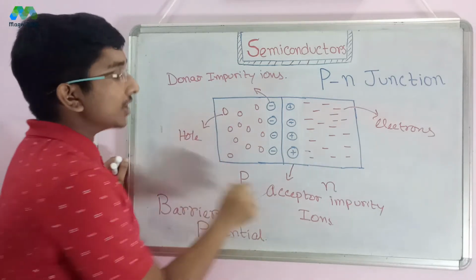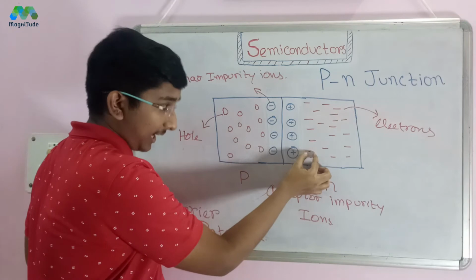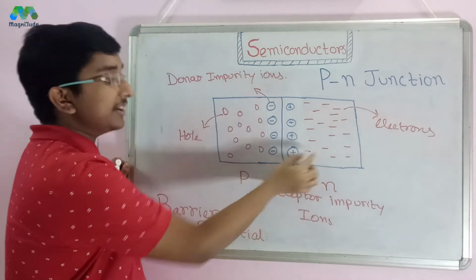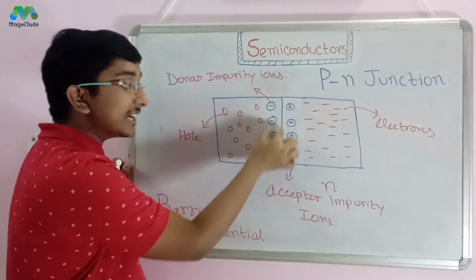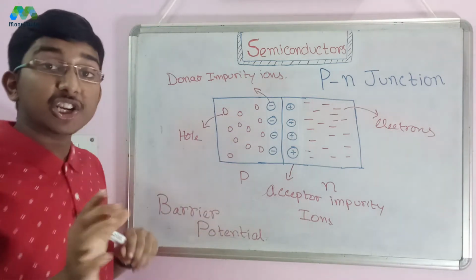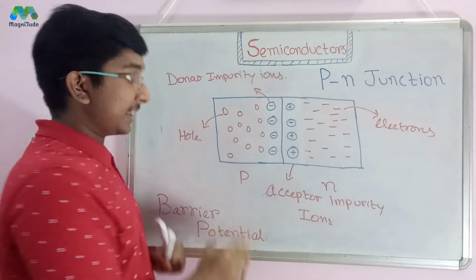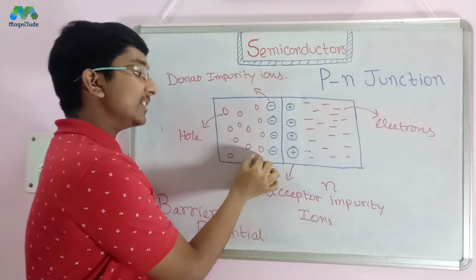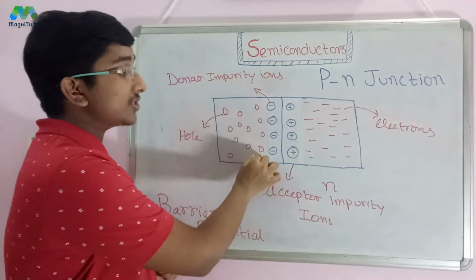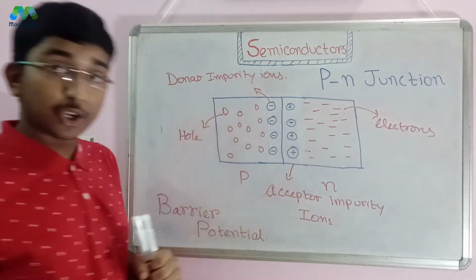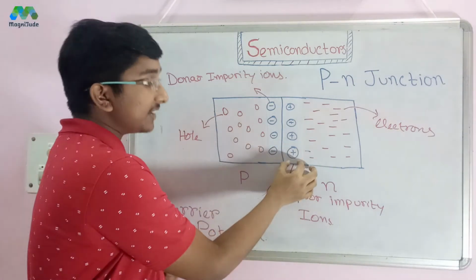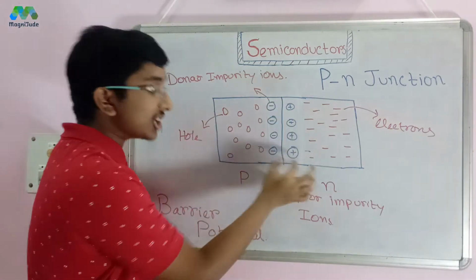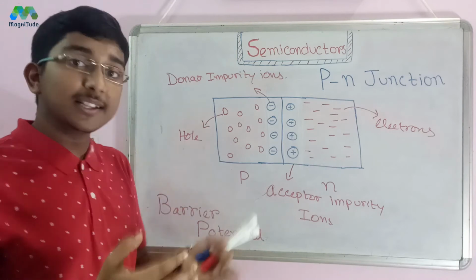Why? Because the negative free electrons will be repulsed by the negative ions present at the junction of the P side. Similarly, the positively charged holes cannot travel to the N side because the positive ions present at the junction of the N type will repulse them.